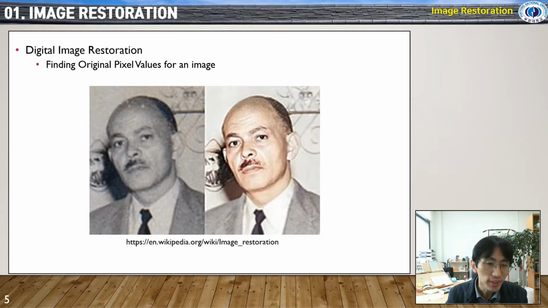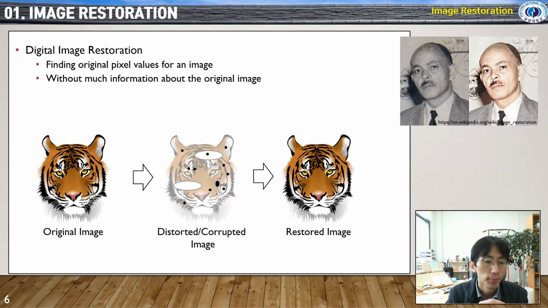Then what we want is changing the image back into the original, isn't it? So there is an original image, and this image is distorted or corrupted somehow, and you want to restore it.